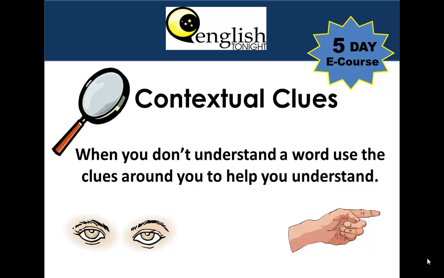What are they looking at? Look at their hands. Are they pointing at anything? Are they making gestures? Look at their face. Are they happy? Are they sad? Are they upset? Are they excited? Look at their emotions.